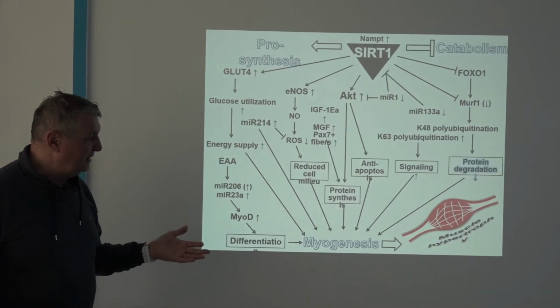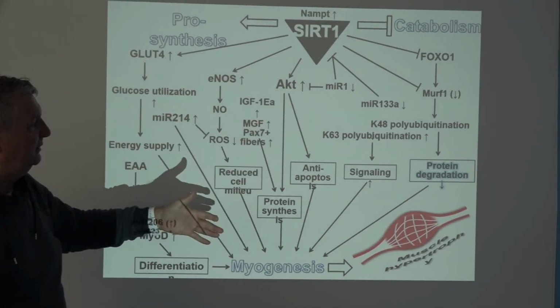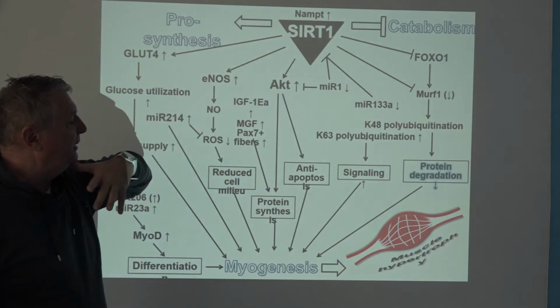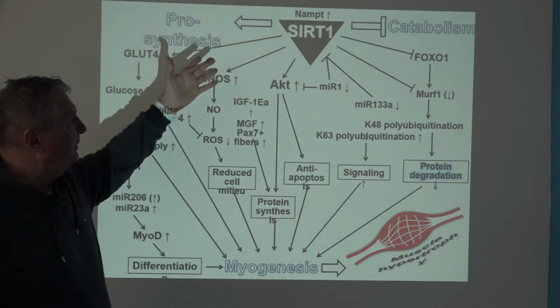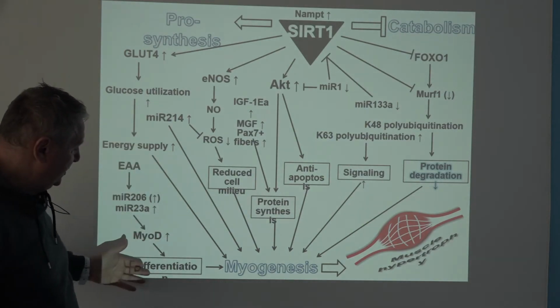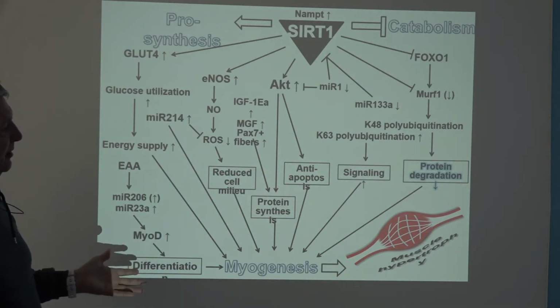Here you can see our slide, which we created, where we have shown how important SIRT1 is in muscle hypertrophy and how many signaling pathways are involved which result in myogenesis and increased muscle mass. Extremely important.